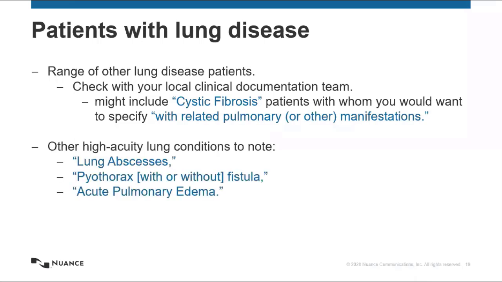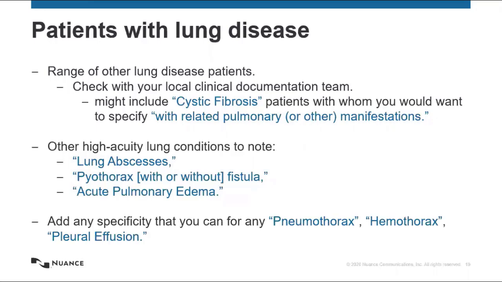Of course, you'd also want to make sure you're capturing high acuity lung conditions like lung abscesses, pyothorax. When you do that, please specify with or without fistula. And of course, acute pulmonary edema. We also want to make sure we're capturing pneumothorax, hemothorax, and any pleural effusions.